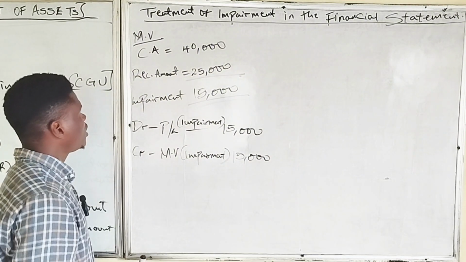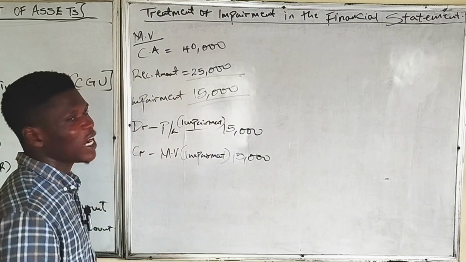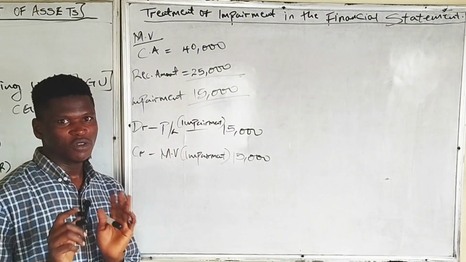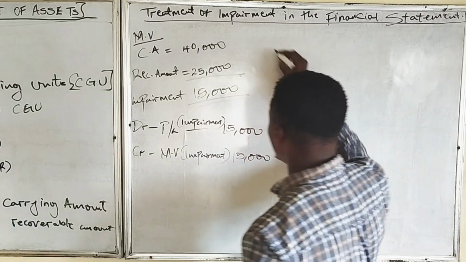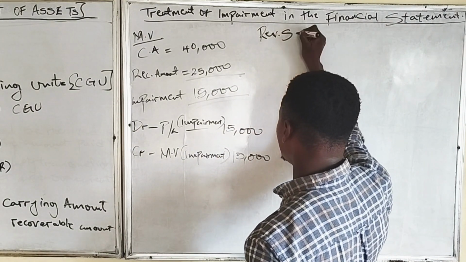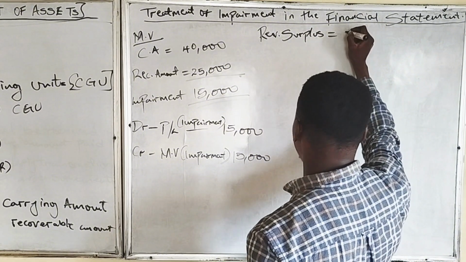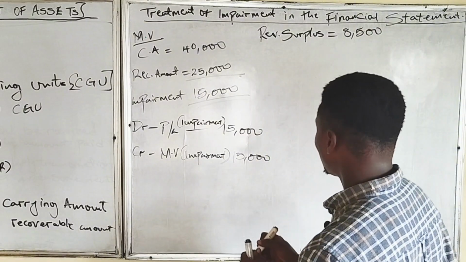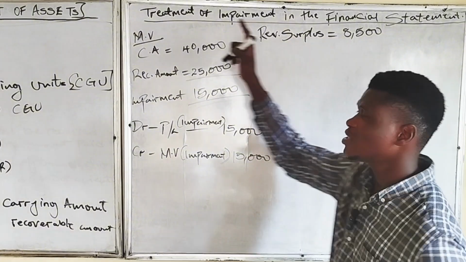So that's for that. On the other hand, if there's a clause to this: if the motor vehicle had been previously revalued, meaning there had been a previous revaluation surplus on this motor vehicle, let's assume that last year there was a revaluation surplus of, let's say, 8,500 on this same motor vehicle.